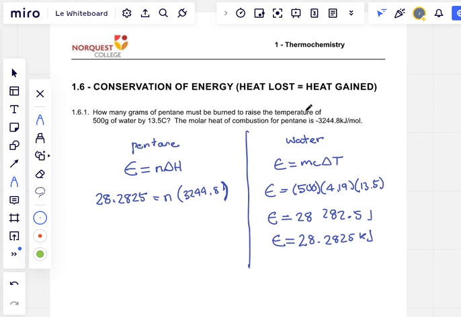If we do 28.2825 divided by 3,244.8, this is going to be small. Our number of moles is 0.0087163. I hope that's enough decimal places. Moles of pentane.